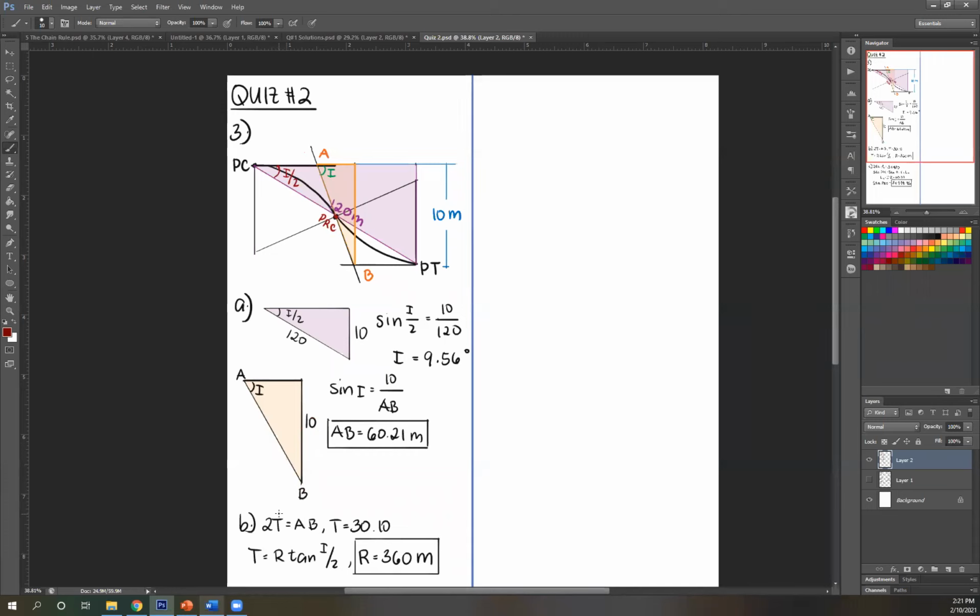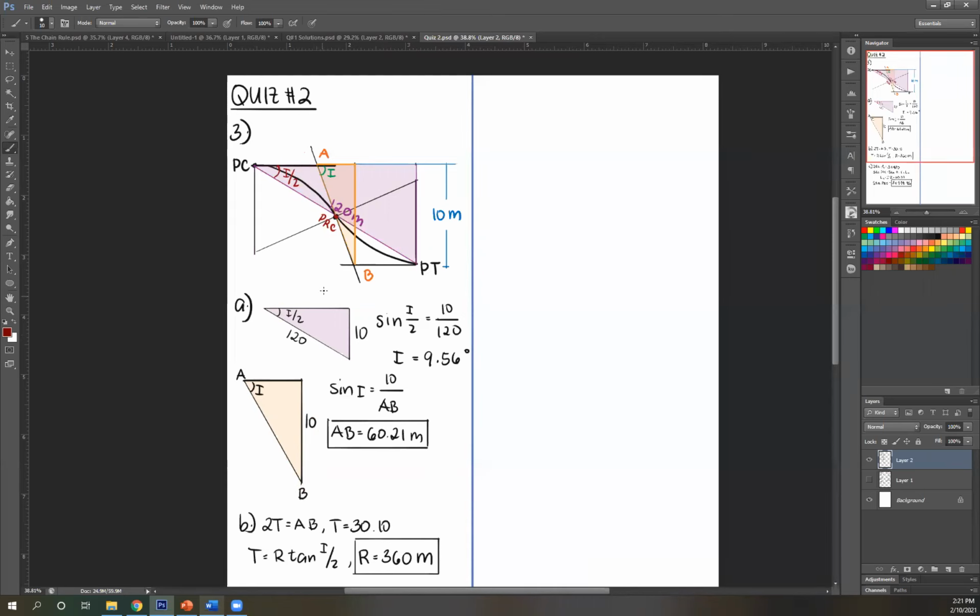So how? To solve for I, we can look for another triangle. It's already shown here. It's this. So isolating that, you get this. And again, this is still 10, right? It's your 10. And it's given that PC to PT, so this is PC, this is PT, distance between them is 120. And another thing, this angle is actually I over 2.